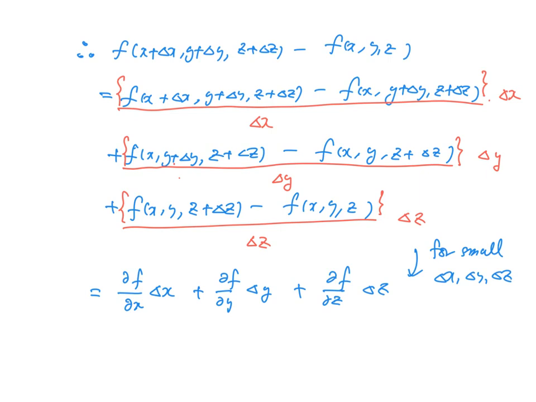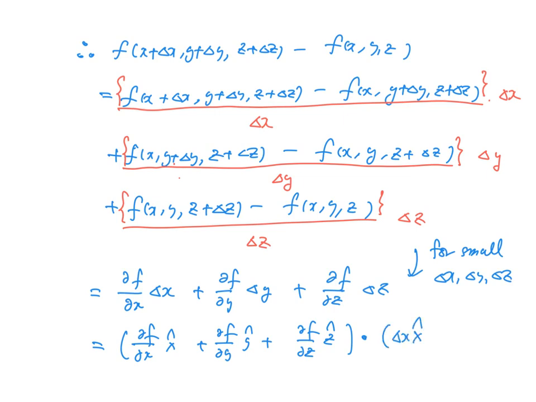Then this can be written as the inner product between two vectors: (partial f/partial x, partial f/partial y, partial f/partial z) dot (delta x, delta y, delta z). So this is actually delta r. We call this the gradient of f.